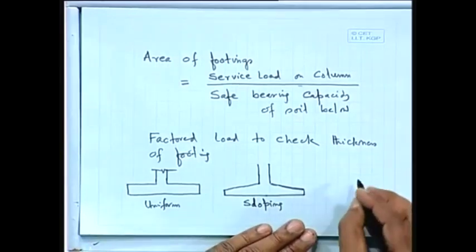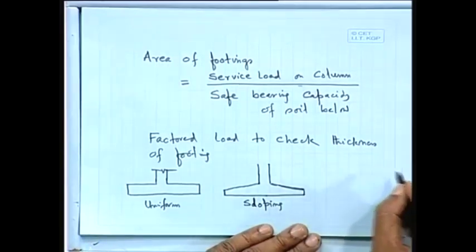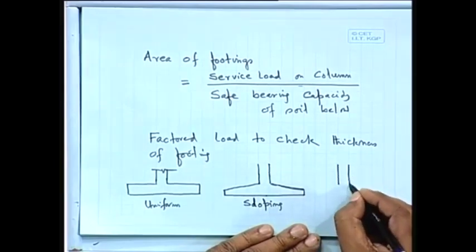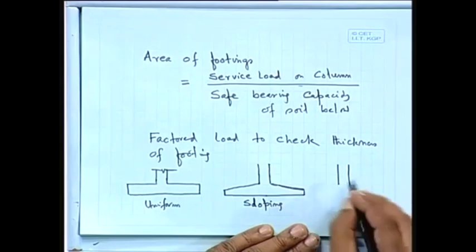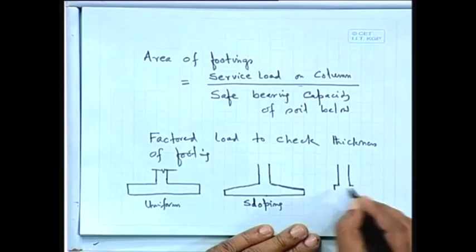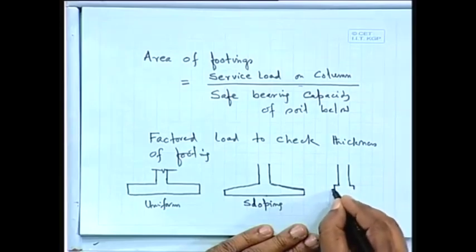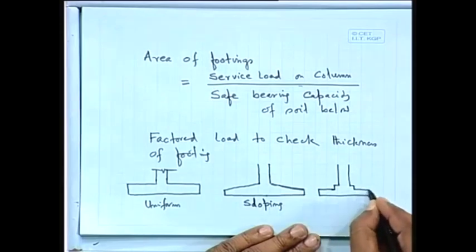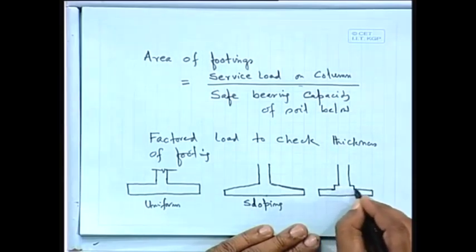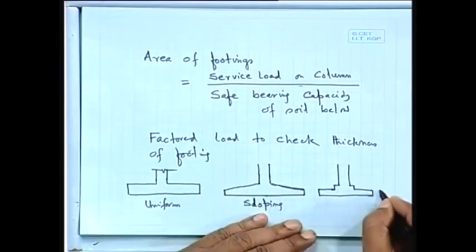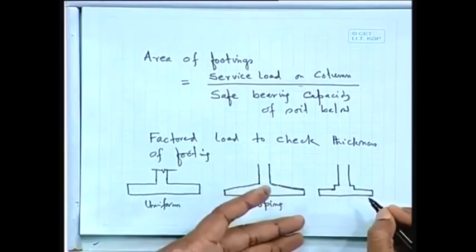and the third one is also possible, we can make a certain kind of step. Like this we can provide. That means up to a certain distance we can provide a certain kind of pedestal or step, and after that we can give uniform or we can give slope also.